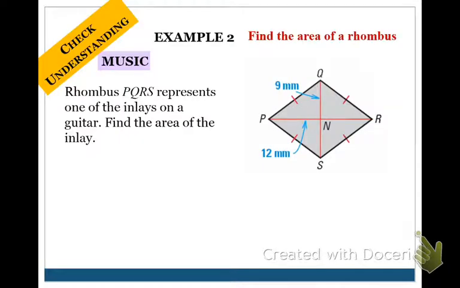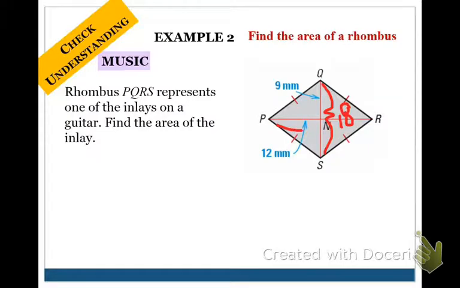This 9, they should more clearly mark what 9 would be, because is it this whole line or is it this? We're going to say it's this half, okay? If that's 9, then we know that this length is 18. And we've got 12.